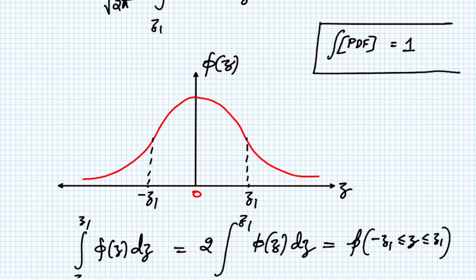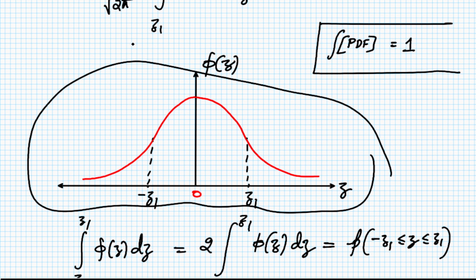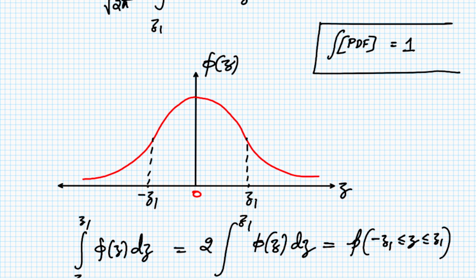That means if you integrate this whole function from minus infinity to plus infinity, you get 1. But because the function we are considering is symmetric about the y-axis, the right-hand side area should be 50%, and the same area should be present on the left-hand side. So the integral from 0 to infinity is equal to 0.5, and from minus infinity to 0 you also get 0.5.